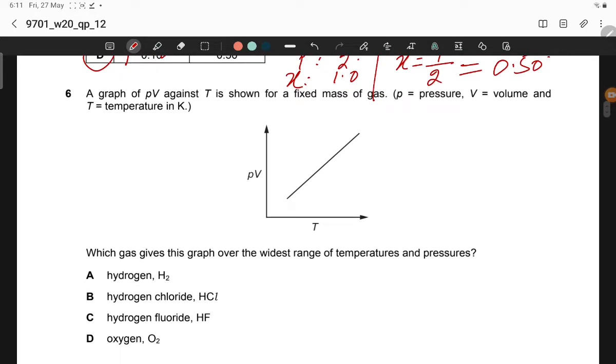A graph of PV against T is shown for a fixed mass of a gas, P is equal to pressure, V is equal to volume, and T is equal to temperature in Kelvin. We know that T is directly proportional to V. T is also directly proportional to P. T is directly proportional to PV.